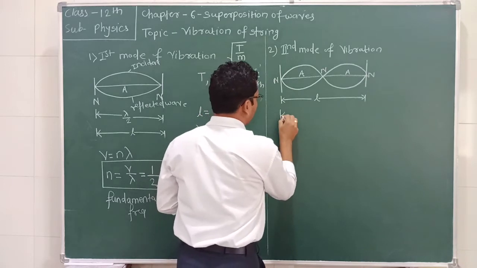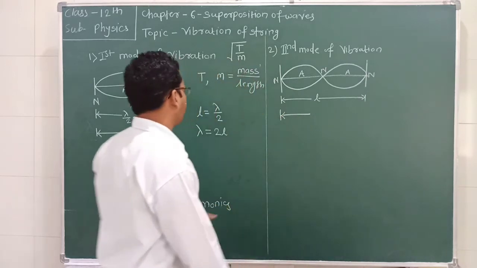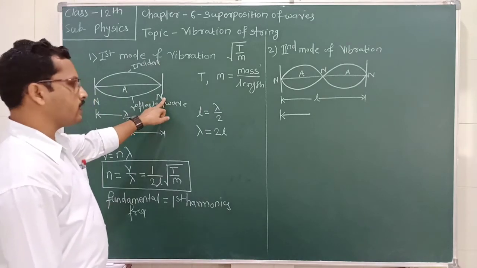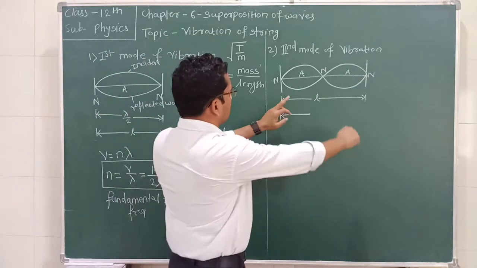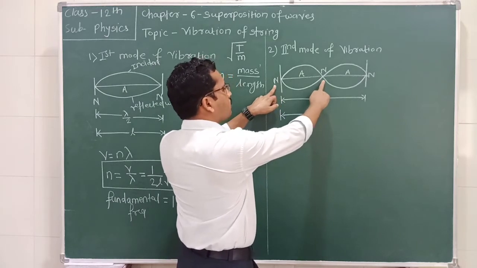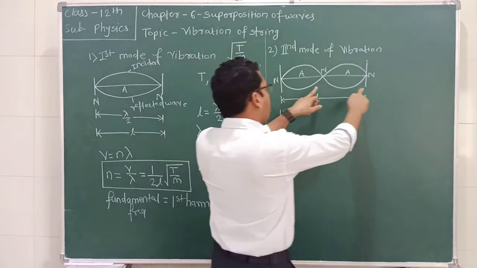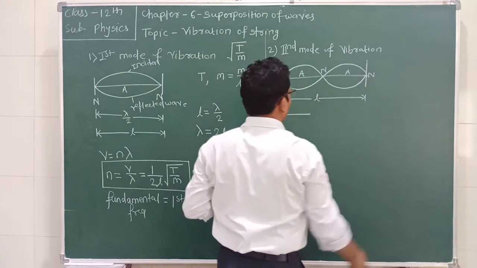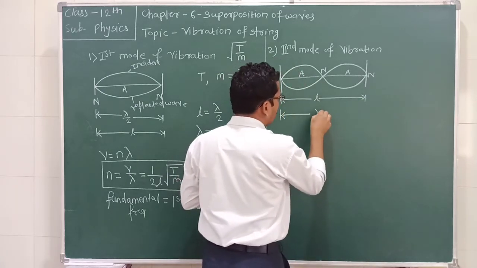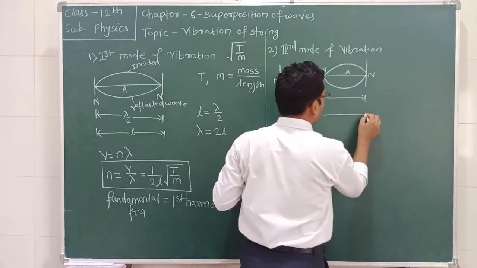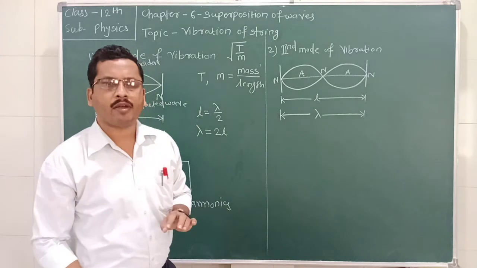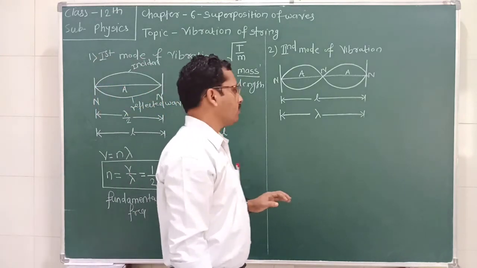And we know that the distance between two successive nodes is equal to lambda by 2. Therefore the distance between these two successive nodes is lambda by 2, and between these two successive nodes it is also lambda by 2. Therefore, the total distance between these nodes is lambda by 2 plus lambda by 2, which is equal to lambda.